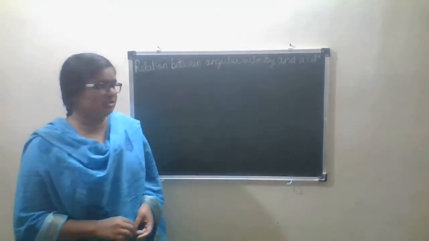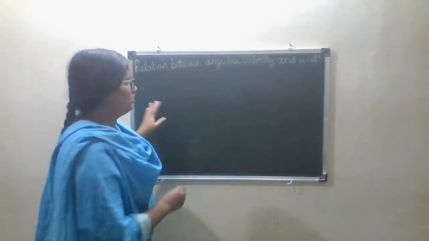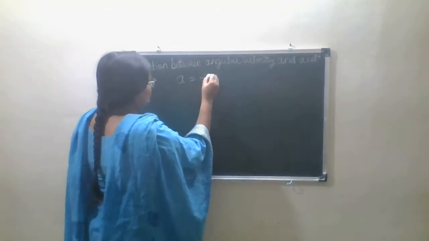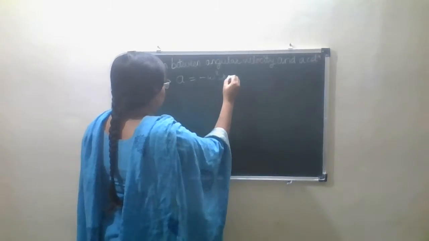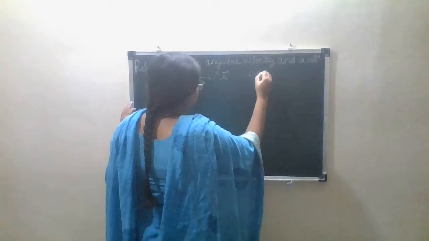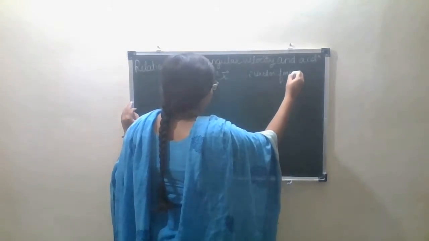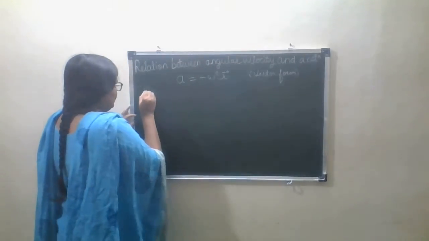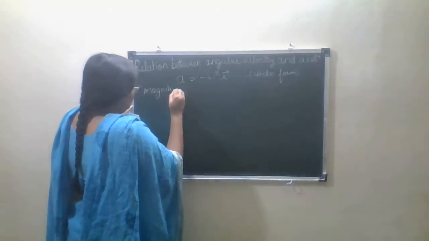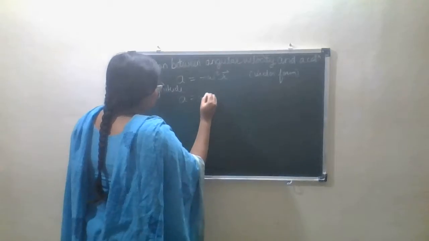We know the value of acceleration: a is equal to minus omega square r, in vector form, and in magnitude form we can write a is equal to omega square r.